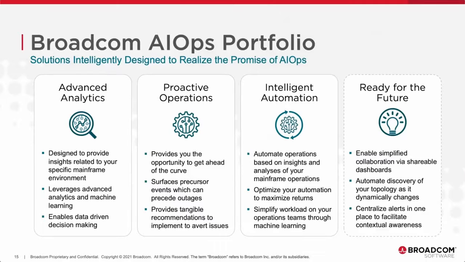Now let's add in some predictive analytics capabilities so that they become proactive components in your overall AIOps strategy. And then toss in intelligent automation. Of course, we're not resting on our laurels. We're also doing research into additional capabilities and functions that customers have told us are really important. And those are readying us, as well as our customers, for the future.